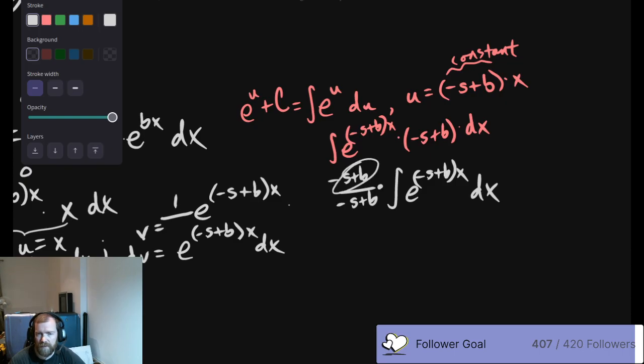Take the one on the outside and move that in so that we end up getting this exact thing, 100%. That then leaves the negative (s plus b) on the bottom. And that's where that always comes from.